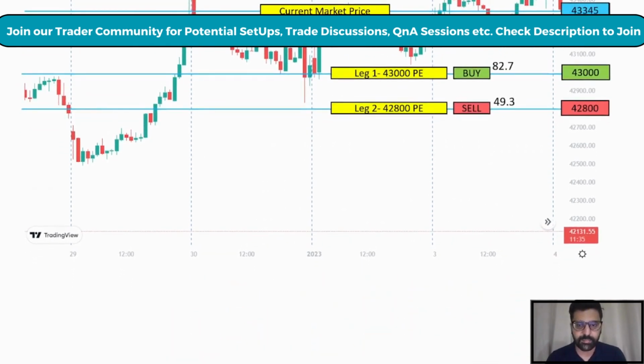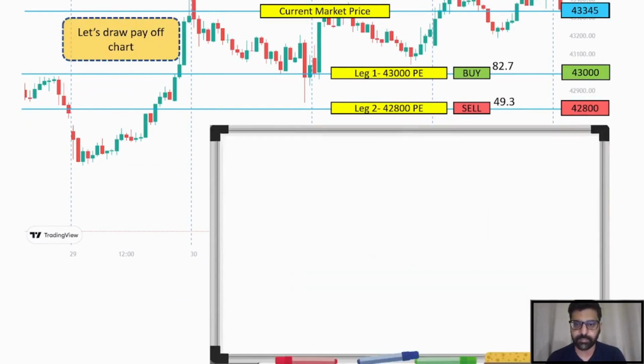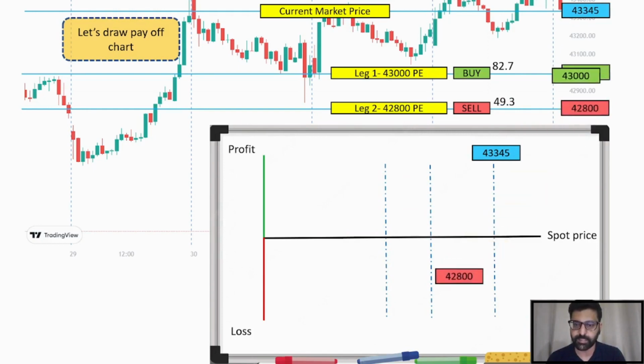All right, so next let's try to draw the payoff chart for this particular strategy, these particular strikes, right? On the x-axis, we have the spot price, and on the y-axis, we have the profit and loss. So this is where we are presently, right? And this is our sell strike, this is our buy strike. So 43,000, 42,800, this is the spread.